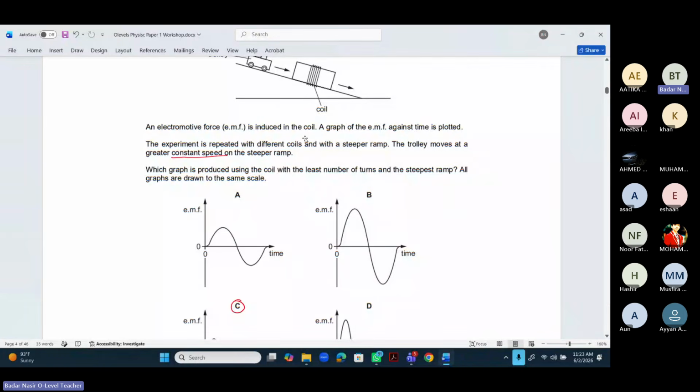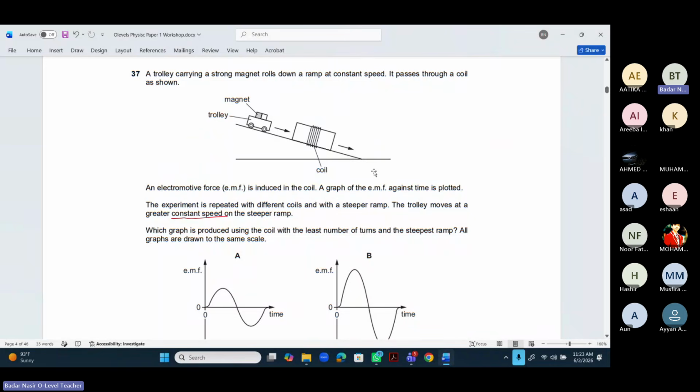So basically अगर आपको याद हो, ये ट्रॉली पे magnet है और ये magnet के around magnetic field lines मौजूद है, ठीक है। अब जब when it rolls down, these magnetic field lines, they cut the coil, changing magnetic flux is produced, hence EMF and current is induced in the coil.